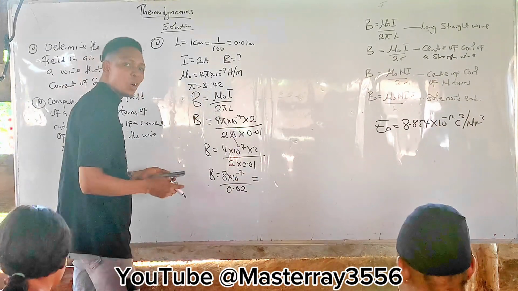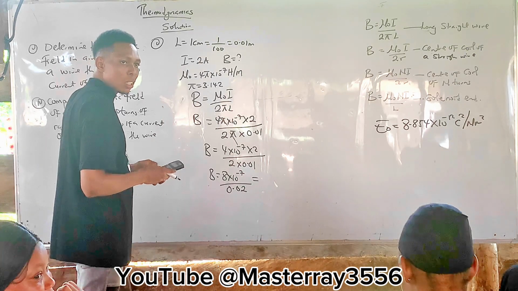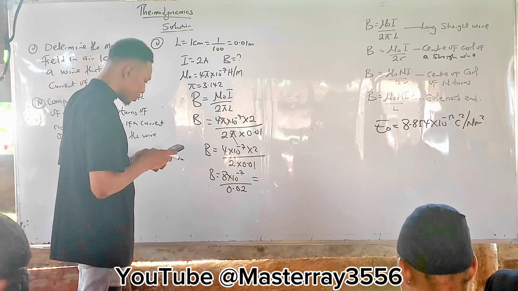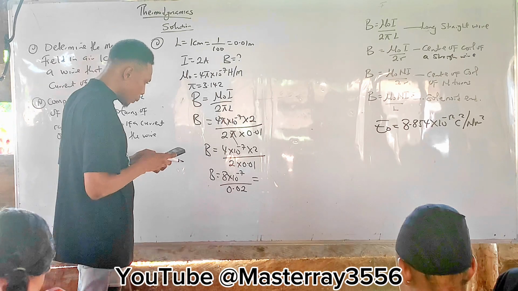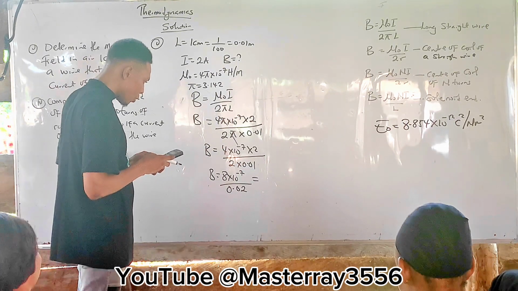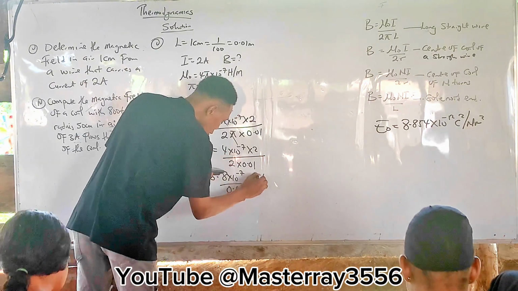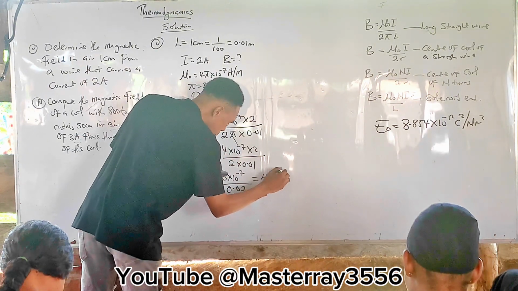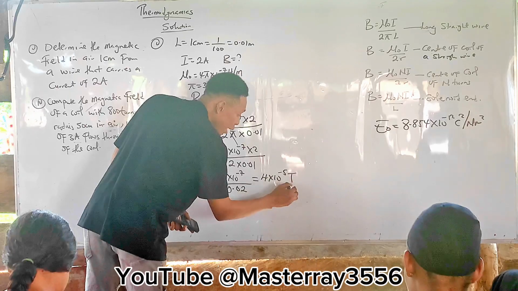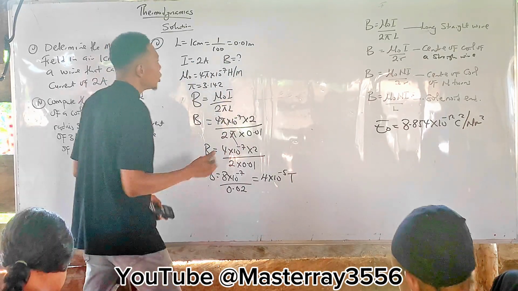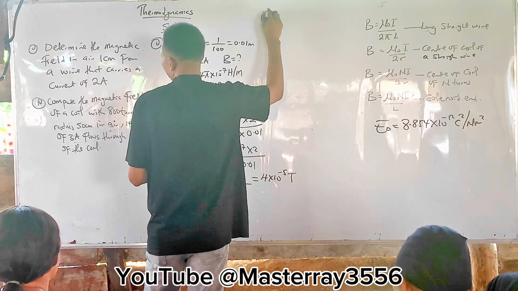If you divide 8 exponential minus 7 by 0.02, we have 4 times 10 raised to the power minus 5 Tesla.